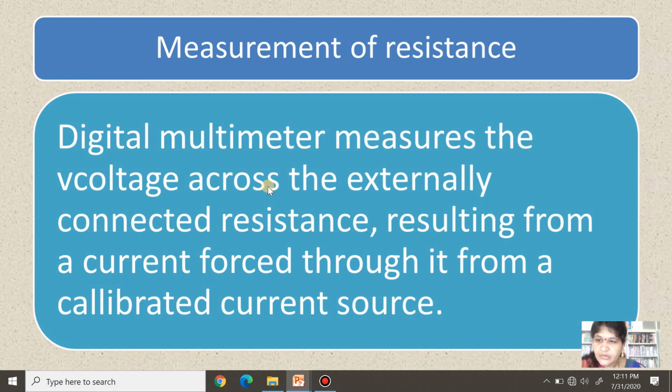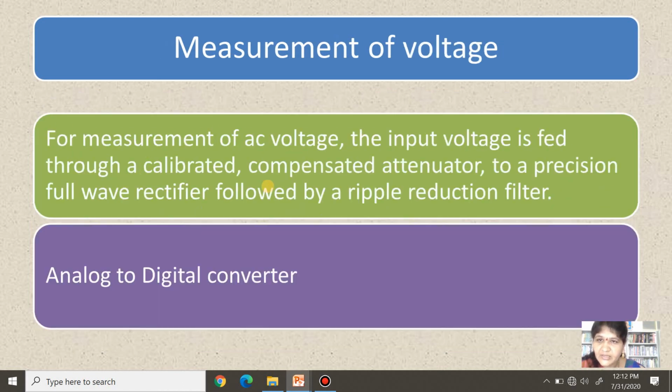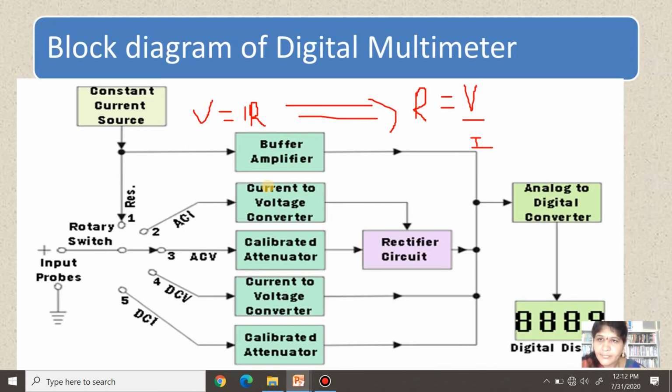We measure the resistance by dividing the voltage by the constant current, so we divide these two values in analog form, and then the analog value of the resistance is converted into a digital value and we get the value of the resistance on the screen.